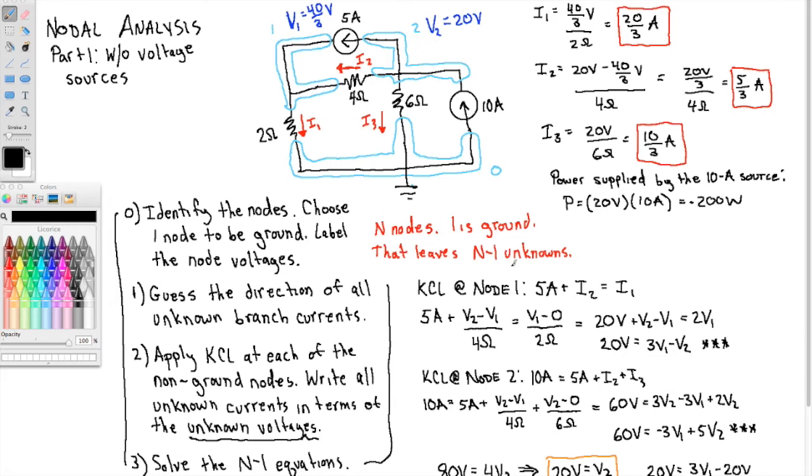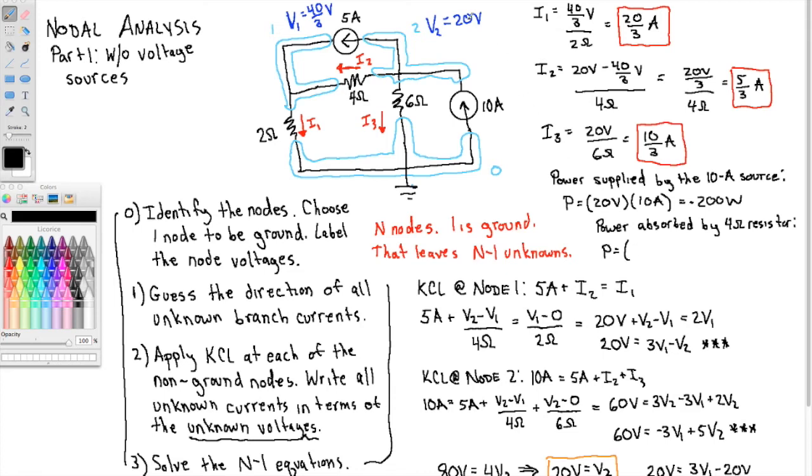All right, and just another example. Let's say we want the power absorbed by the 4 ohm resistor. Well, what's the voltage across the resistor? So that's 20 minus 40/3.